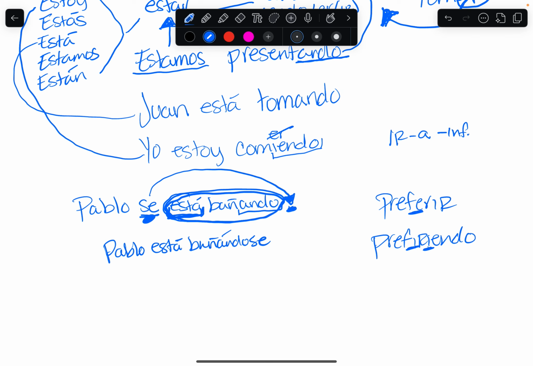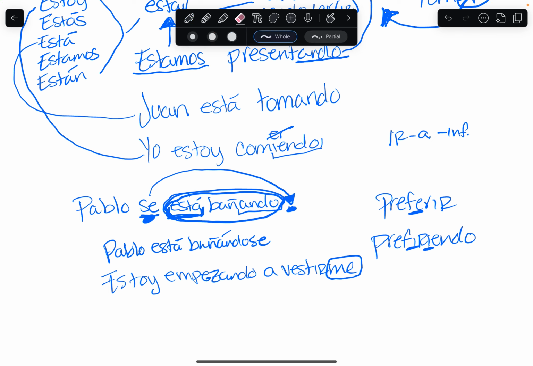Let's try another one. So I can say, estoy empezando a vestirme. So this is the reflexive pronoun.